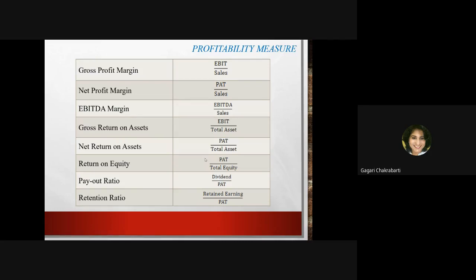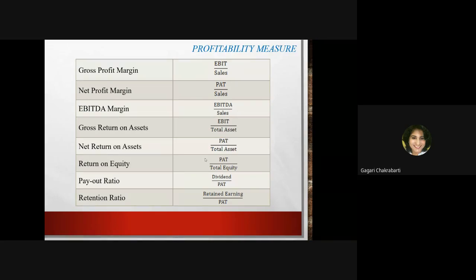Now come to the return on equity. Because equity holders are owners, as you know, they may be interested in the efficiency of the equity. So this return on equity is a measure of how the stockholders fared during the particular year, because benefiting the shareholder may be our goal. Now, once again, as I have pointed out earlier, there is a difference between the stakeholder theory and the stockholder theory.